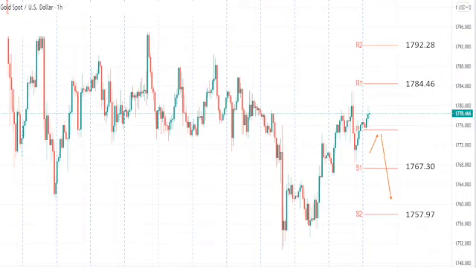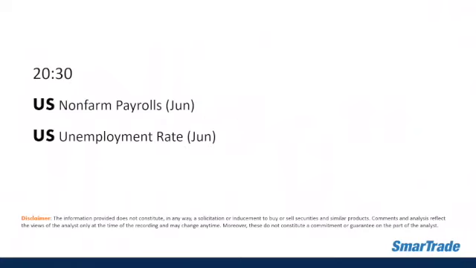So overall, if the US data beats the market forecasted and the previous data, it may cause gold to be under pressure once again. Possible support is 1767.30 and 1757.97, and resistance 1784.46 and 1792.28 per ounce respectively.